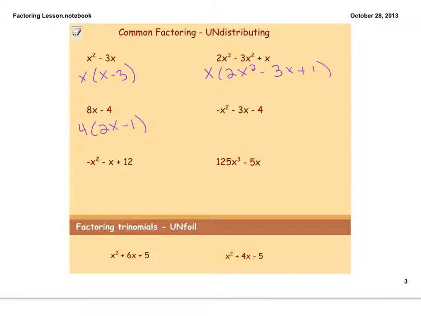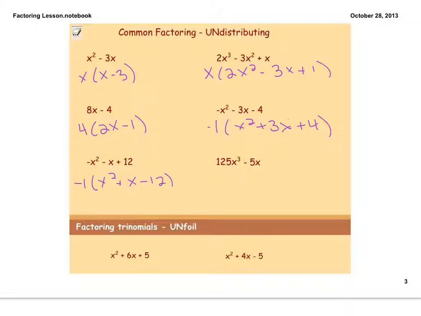Next, I can factor out a negative 1, so I'm left with x squared plus 3x plus 4. Same thing for my next option. I have a negative 1 that I can factor out, x squared plus x minus 12.